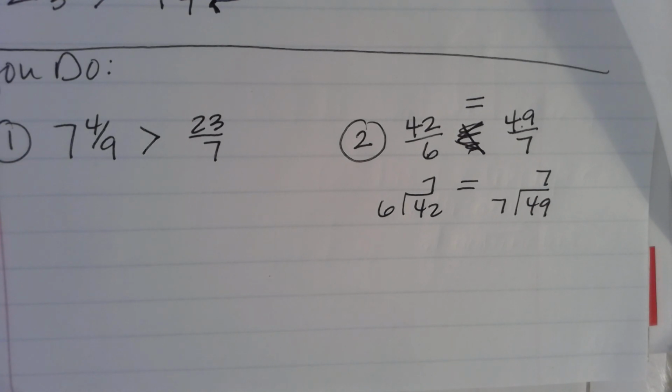If anything, the smaller the denominator, the bigger the fraction. Remember that this is dividing things up. So if I have a cake and I divide it into 3 big slices, or I have a cake and I divide it between 7 people, which pieces are going to be bigger?